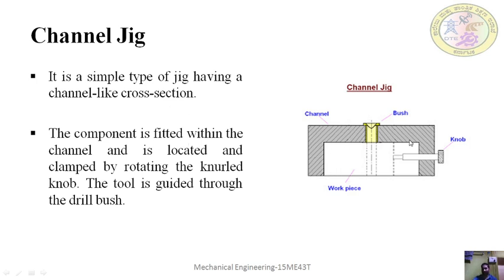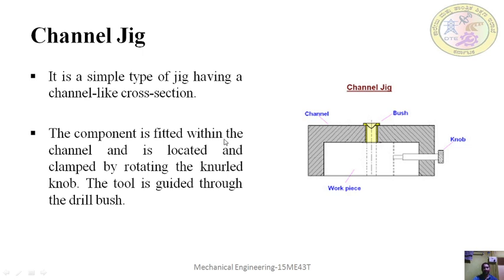Within this channel the workpiece is fitted, and there is a knob to hold the workpiece tightly. There is a knob with a knurled wheel to rotate and hold the workpiece in place. We have a drill bush, which is used to guide the tool to do the drilling operation.